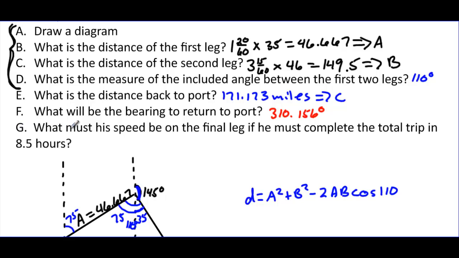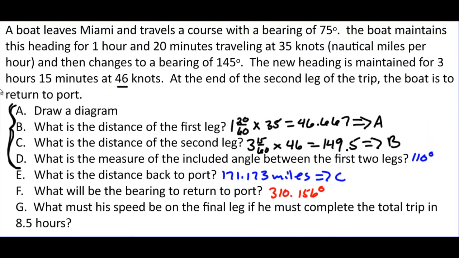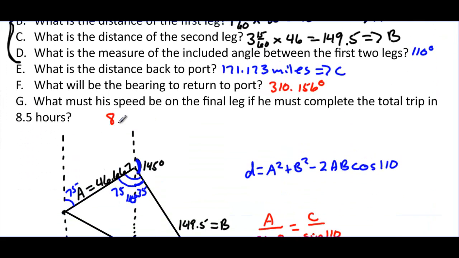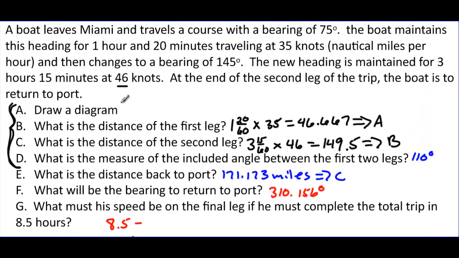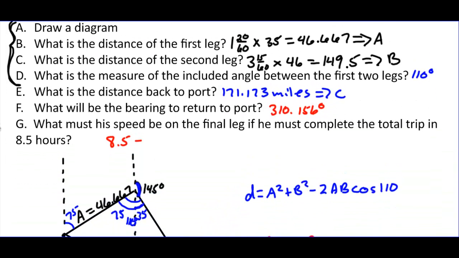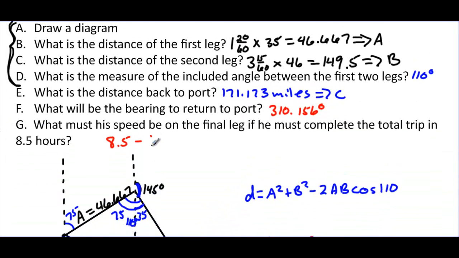In G, it says, what must his speed be on the final leg if he must complete the total trip in 8.5 hours? Well, if we take 8.5 minus, in the first leg, he's gone 1 hour and 1/3, so 1 1/3 hours. And then in the second leg of the trip, it took 3, and that's actually 1/4. 15 minutes is 1/4 of an hour.